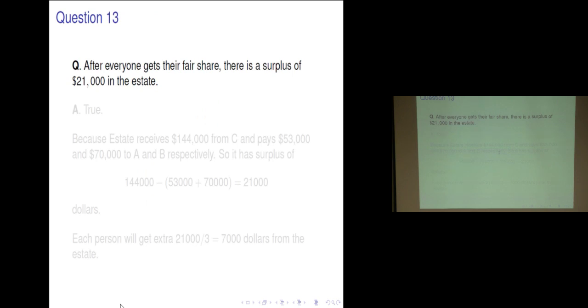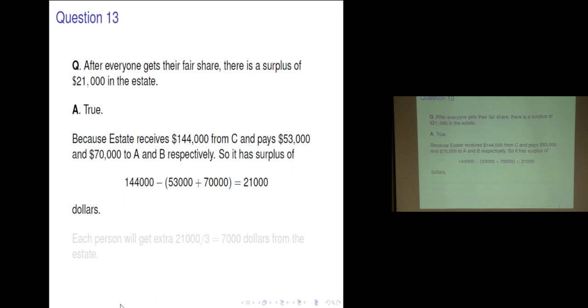Now let's see the next question. It's all related. After everyone gets their fair share, there's a surplus of this amount in the estate. Is this true? It's true, because the estate receives this amount from C, and the estate pays 53,000 to A and 70,000 to B. So there's a surplus, which is 21,000.